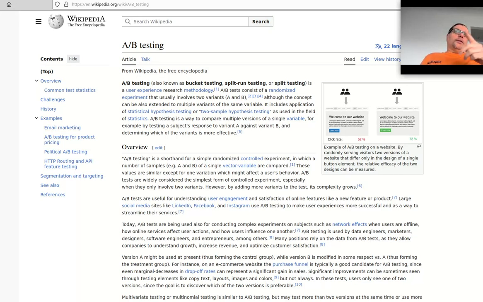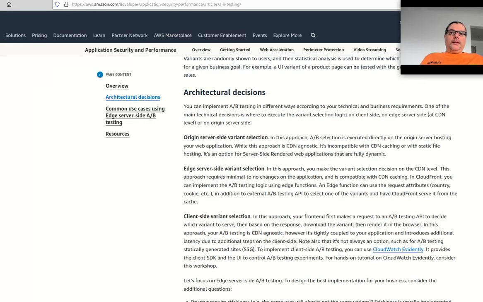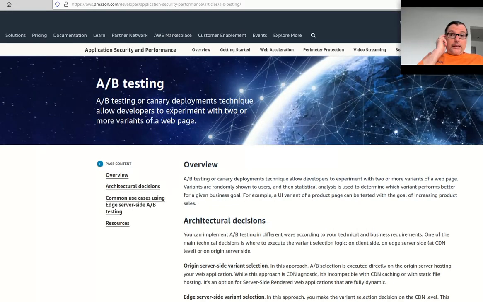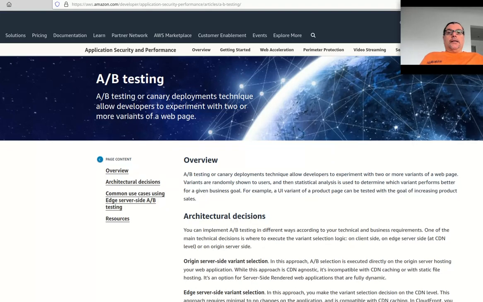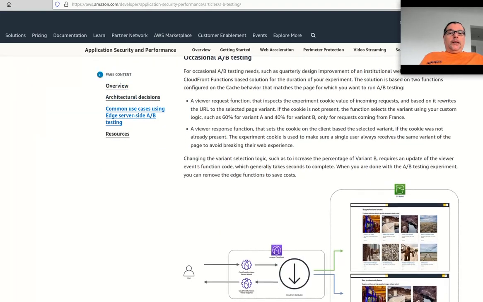So like that, you act on the load balancer, you decide where to point your users to, and A/B testing is quite common in deployment. Nowadays, whatever cloud service provider gives you a way of doing A/B testing, it's going to be used more and more.